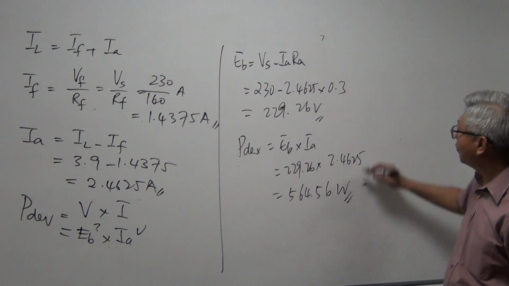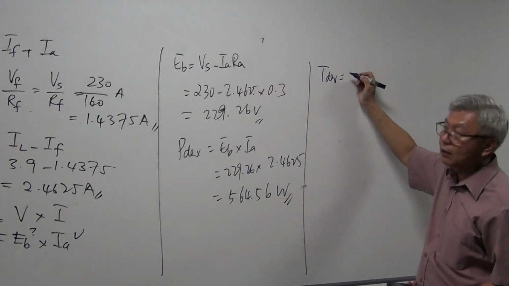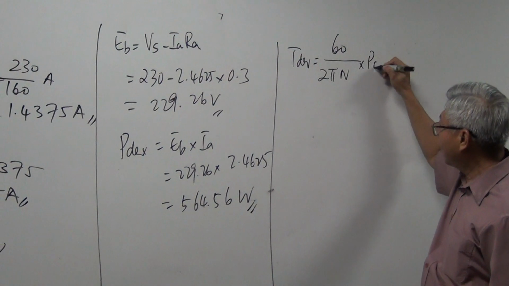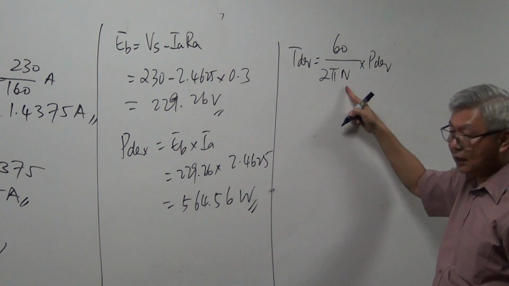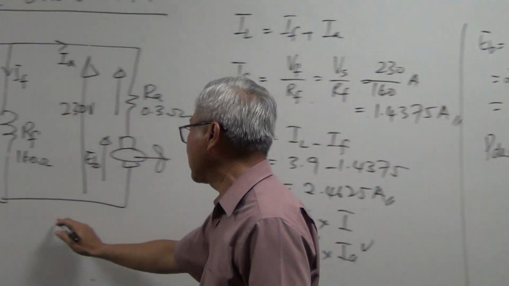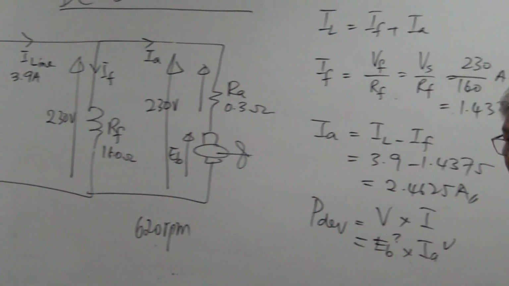Okay, now then move on. If you were asked to find the torque developed, the formula is 60 divided by 2 pi N multiplied by power developed. What is N? N is the speed. So if I say that the speed now is 620 RPM, right? 620 RPM.